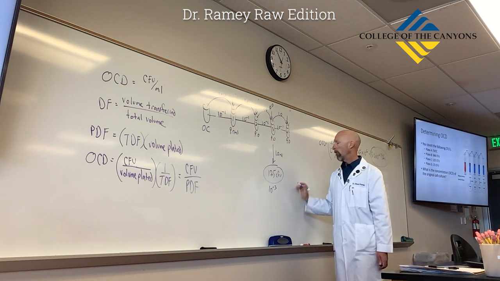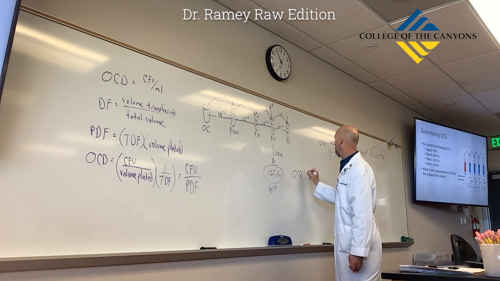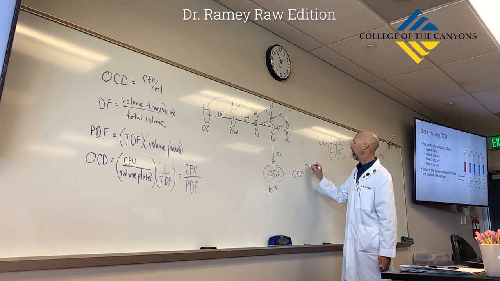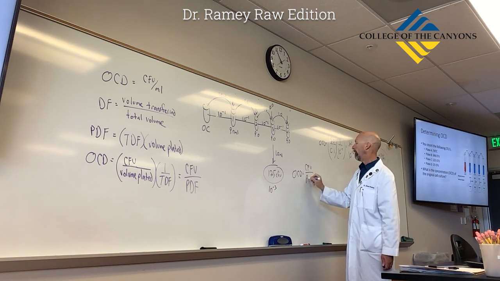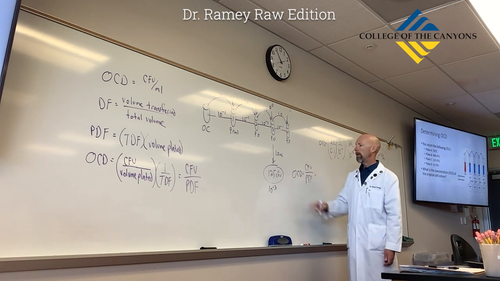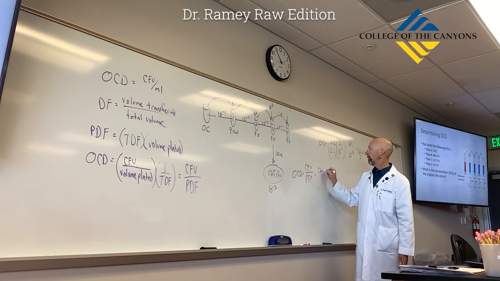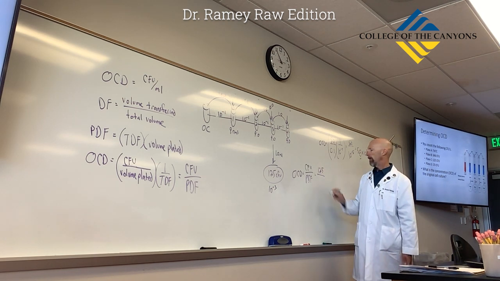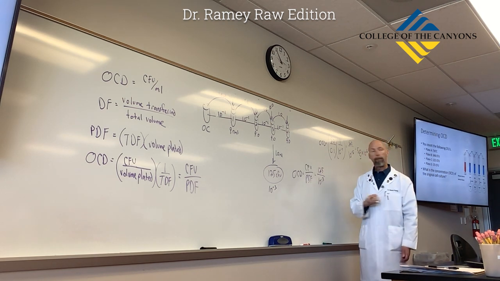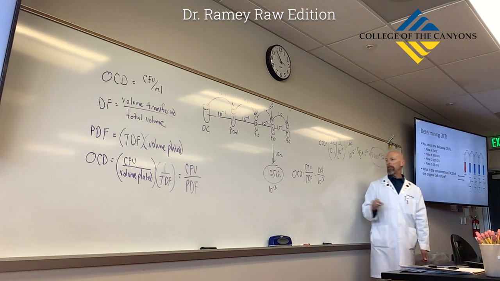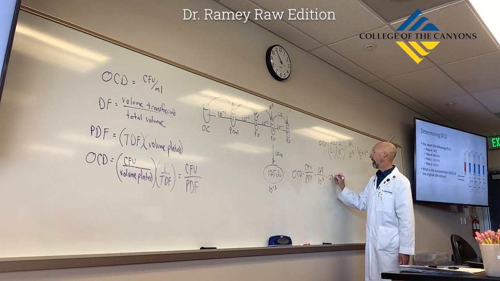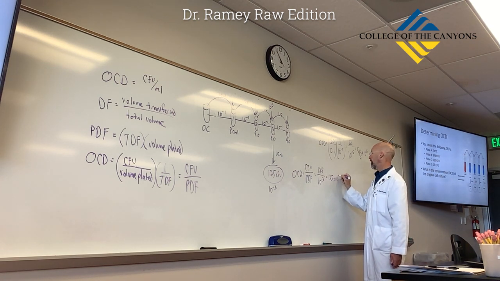And if we use the formula for OCD of CFU over PDF, now we have everything we need. 125 over 10 to the minus 3. Right? So that becomes 125 times 10 to the third.